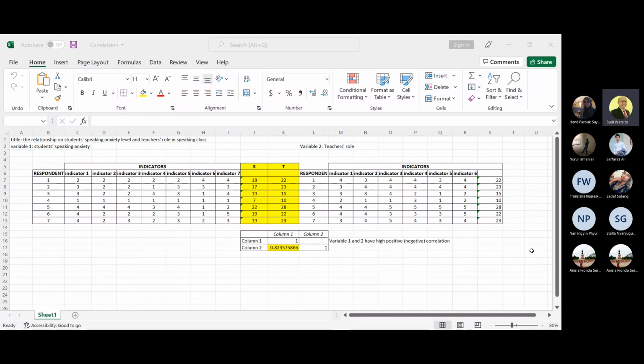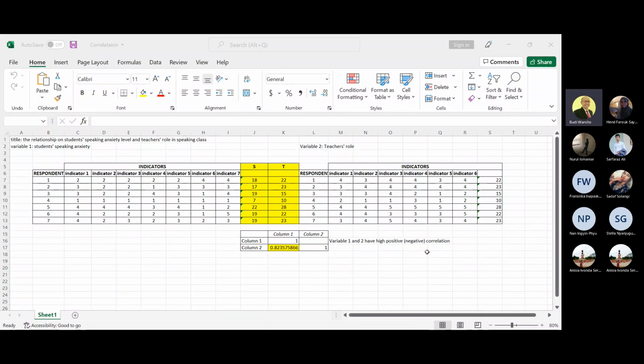I think we will discuss the final exam at the end of this course this afternoon. But first, this is your course task, not for the exam, that you have to submit or upload in SIAP in the form of PPT or PowerPoint from this case study.